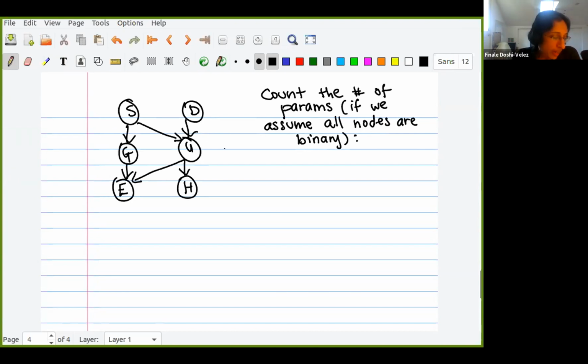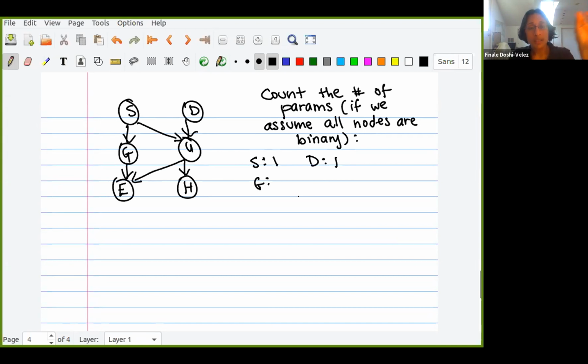So for S, we need one parameter. It's a single coin flip, right? Skills or not skills, a gross simplification of what happens in real life. D also is a coin flip, right? And then G, well, I have to have two coins available. I have to have a coin available if S comes up heads, and I have to have another coin available if S comes up tails, right?